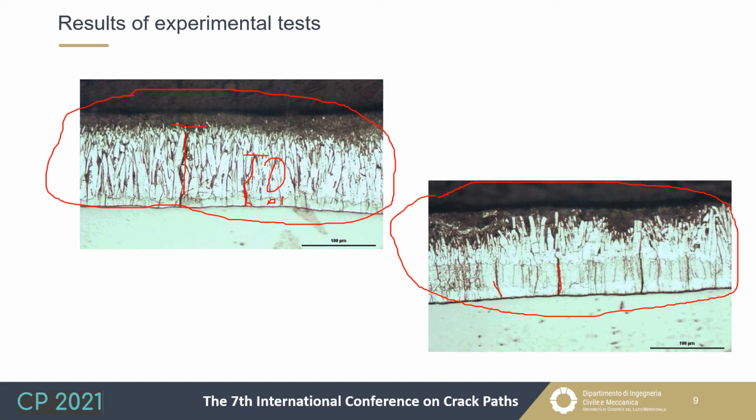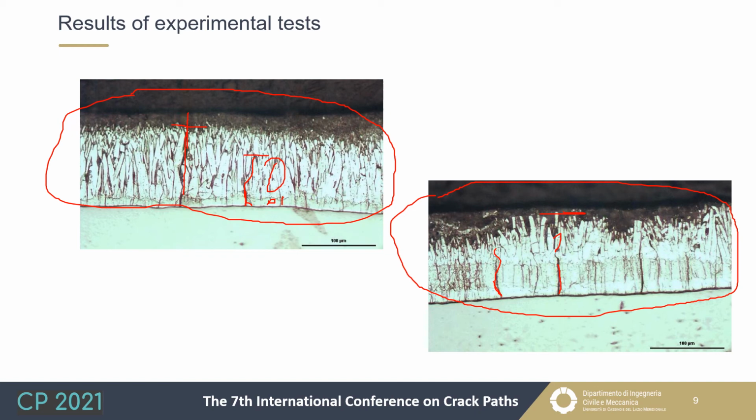For high values of dipping time, all the cracks arrest in the zeta phase or at the interface between zeta and eta phase, like this. It means that in all these cases, we have no cracks that reach the surface.